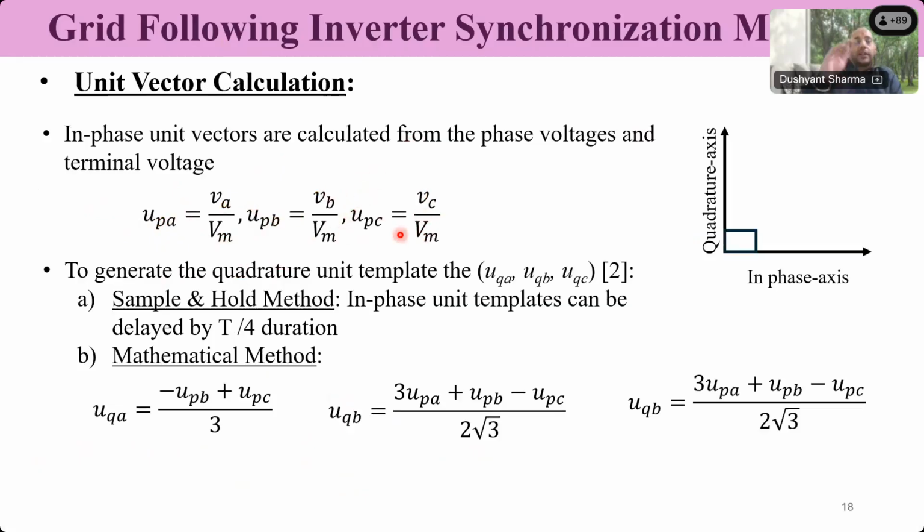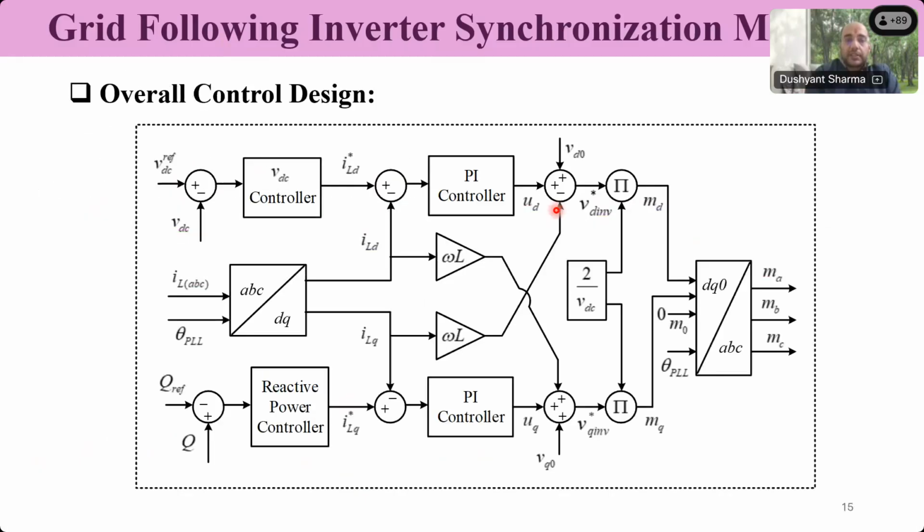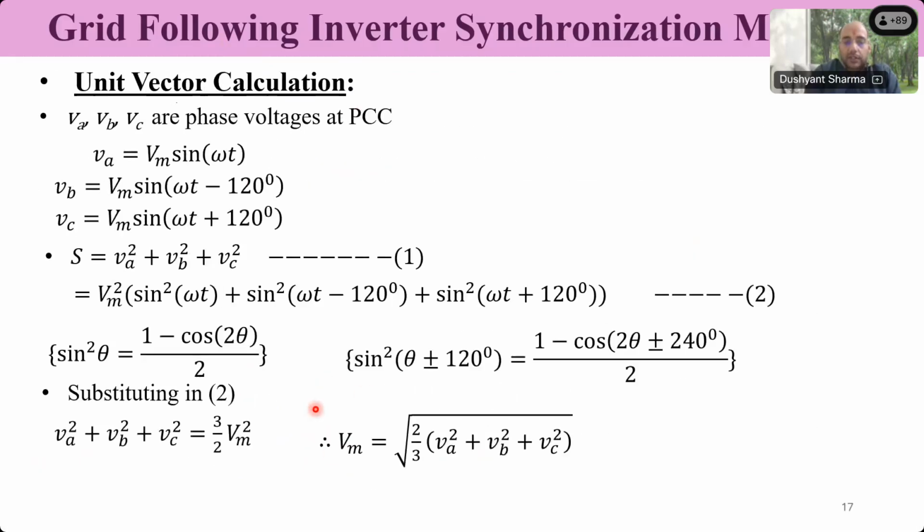So like that, we'll get unit vectors, unit template sinusoidal varying quantities having peak 1 and bottom peak as -1. With that, if we multiply our current reference obtained from active power control, just like the previous case, from the active power control, as I told, we can have a current reference, and from the reactive power control, we can have another component of the current. Like that, we can control here also.